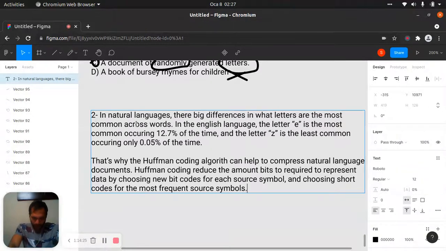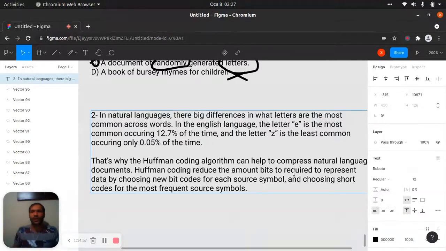So that's why the Huffman coding algorithm can help to compress natural language documents. Huffman coding reduces the amount of bits required to represent data by choosing new bit codes for each source symbol and choosing shortcuts for the most frequent symbols. So the important point is that what is recurring too much, we need to represent with a small number of bits.